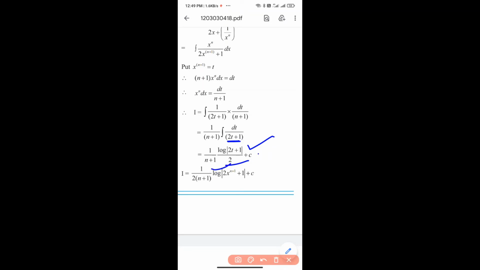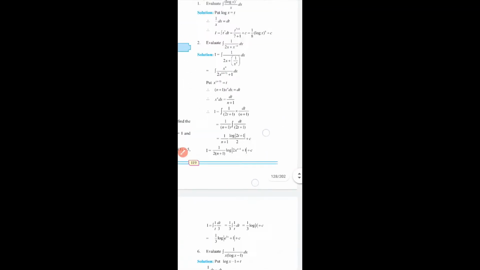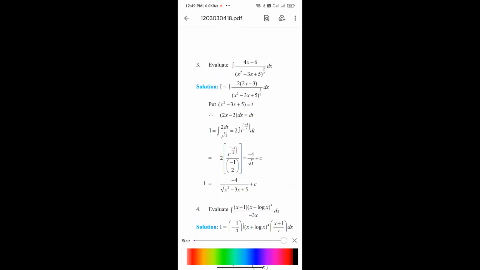Then they have taken this 2 outside to simplify it even more, right? So the next one, now as I've said, you have to check for f dash of x dx somewhere.